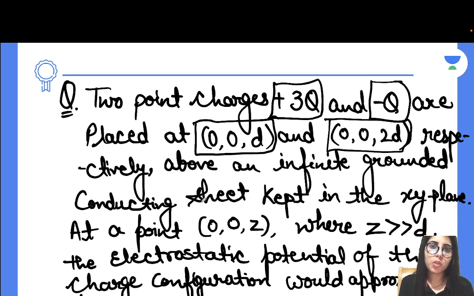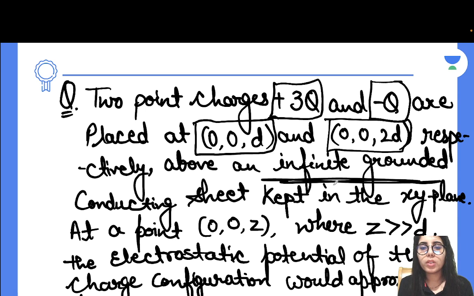Okay, so you know their positions now. Above an infinite grounded conducting sheet. So that's another point you have to notice, because whenever you have an infinite grounded conducting sheet given to you, that is the type of question in which you have to apply the image charge method.